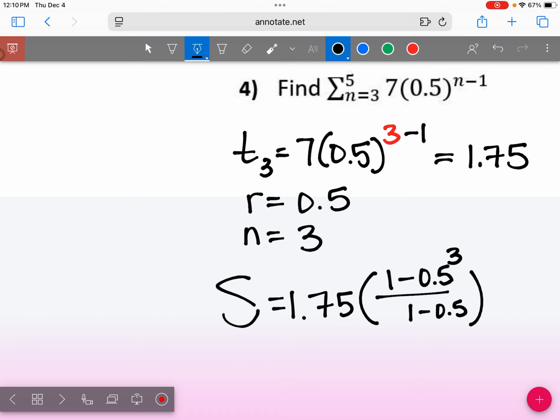And I know it's like 3.06, and then it's a couple numbers after that, 25. That would be my sum. All right, questions.